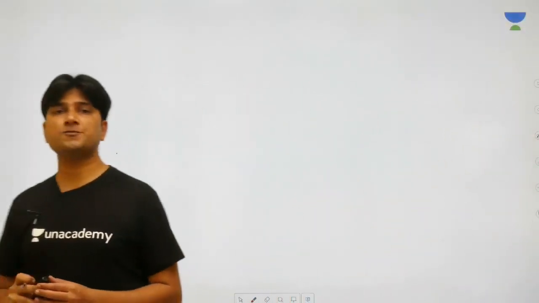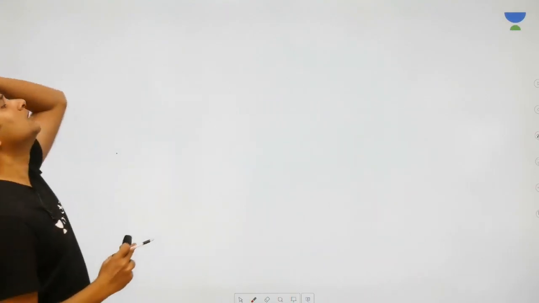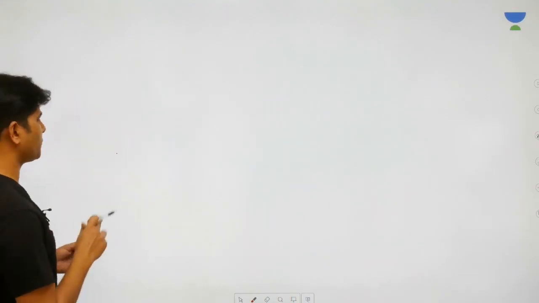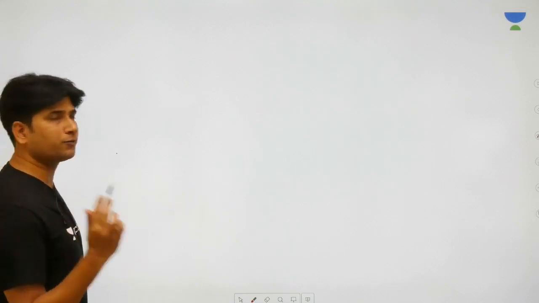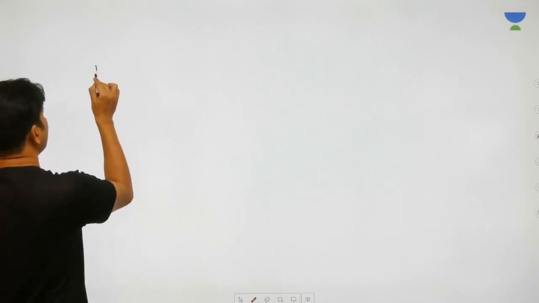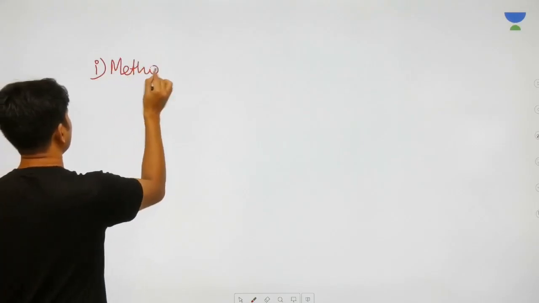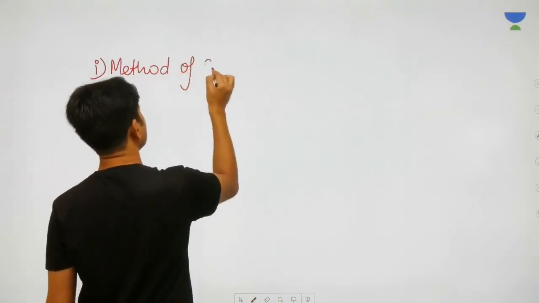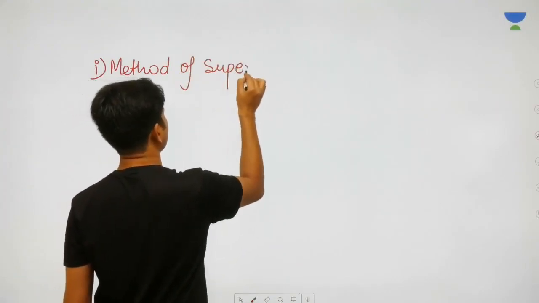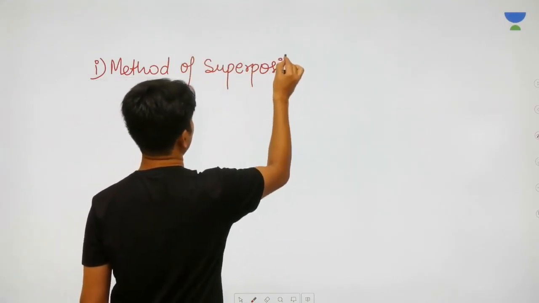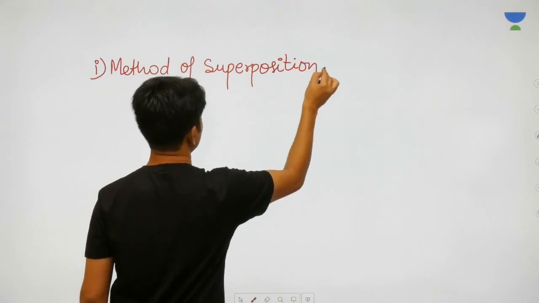So now let us start learning about the next part of cantilever beam problems. My dear friends, if you have watched part 1, then in part 1 we have largely used this one method that we call the method of superposition, isn't it?